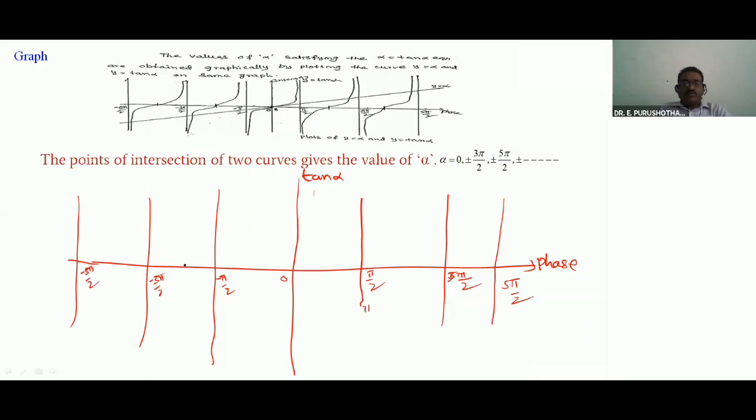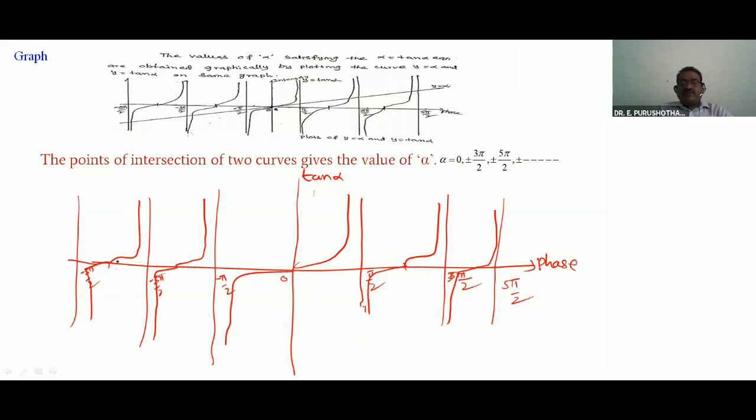You know very well, this is the tan graph. Clearly, we observe here the tan graph.